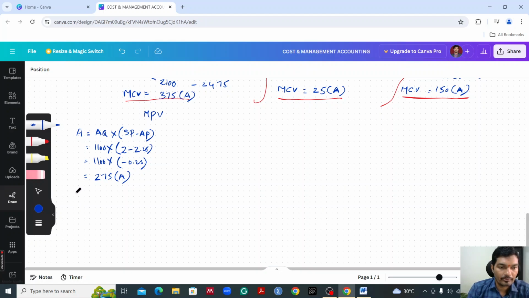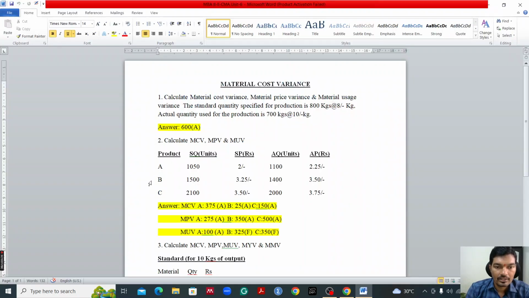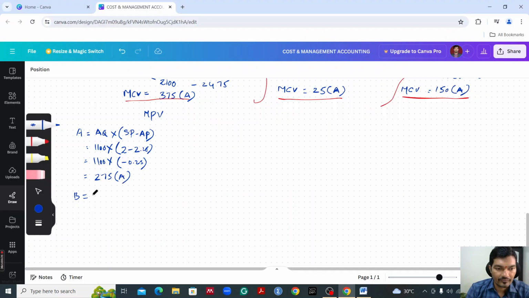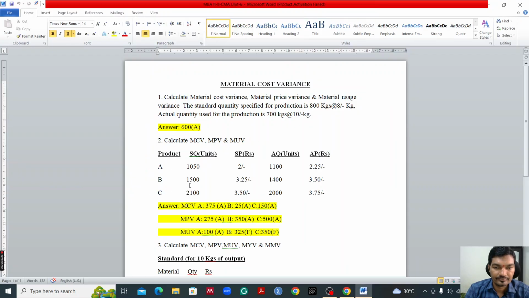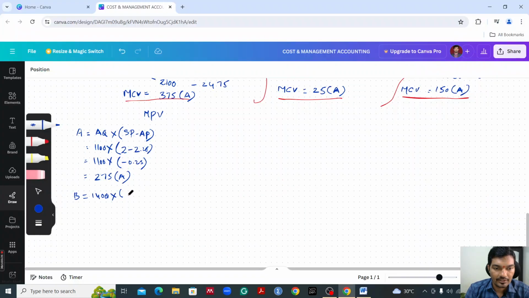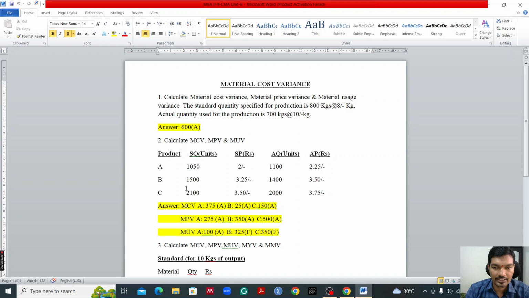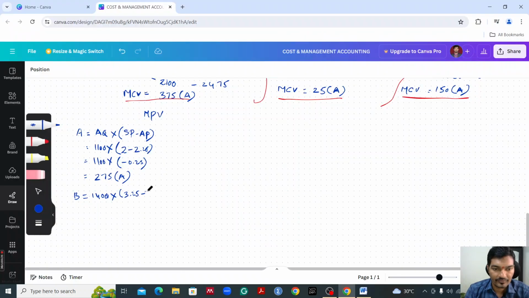And coming to product B, the same: the actual quantity 1400 units into the standard price 3.25 minus the actual price 3.50.